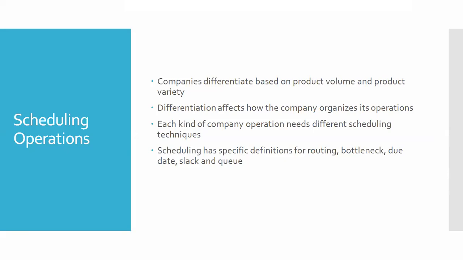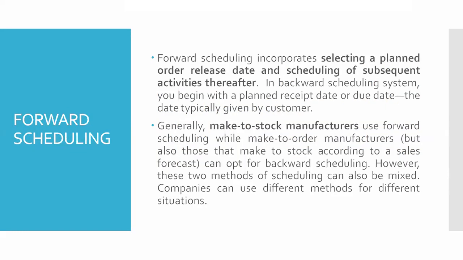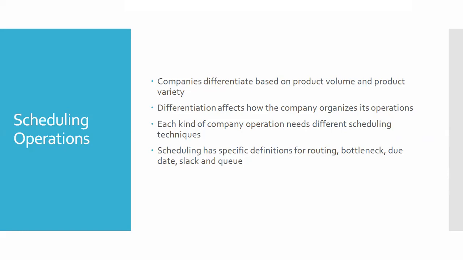So companies differentiate based on product volume and variety. Okay, so you have a certain set of products, and they have some specific volume and variety.